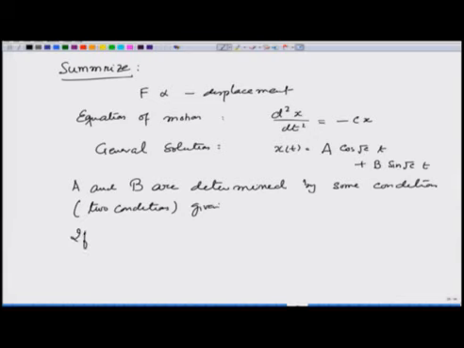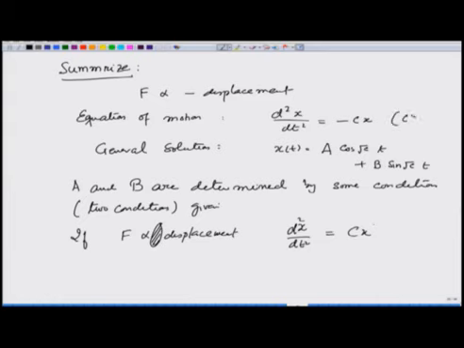If force is proportional to displacement, that means no minus sign in front, d2x by dt squared is equal to Cx.